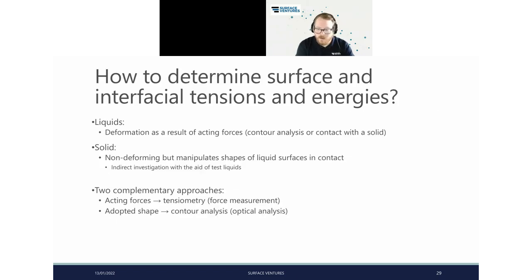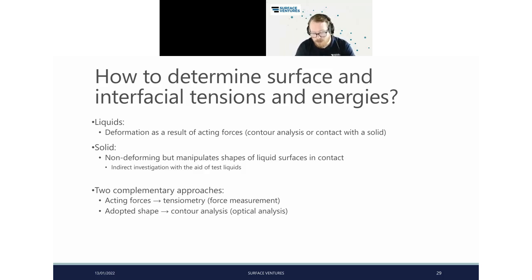Coming on to how we determine surface and interfacial tensions and energies for liquids. The deformation of said liquid is a result of the acting forces. So we can use contour analysis or contact with a solid. That's where we can use a contact angle goniometer.